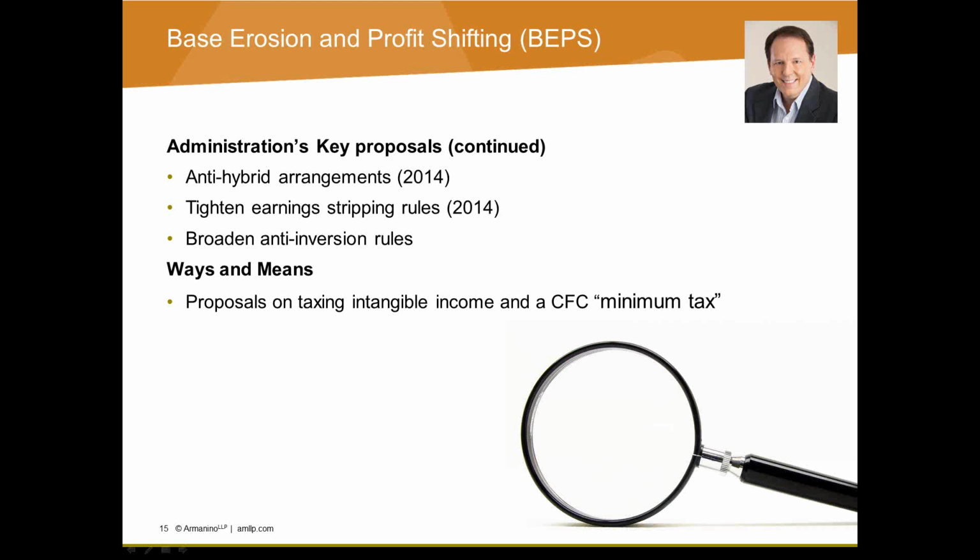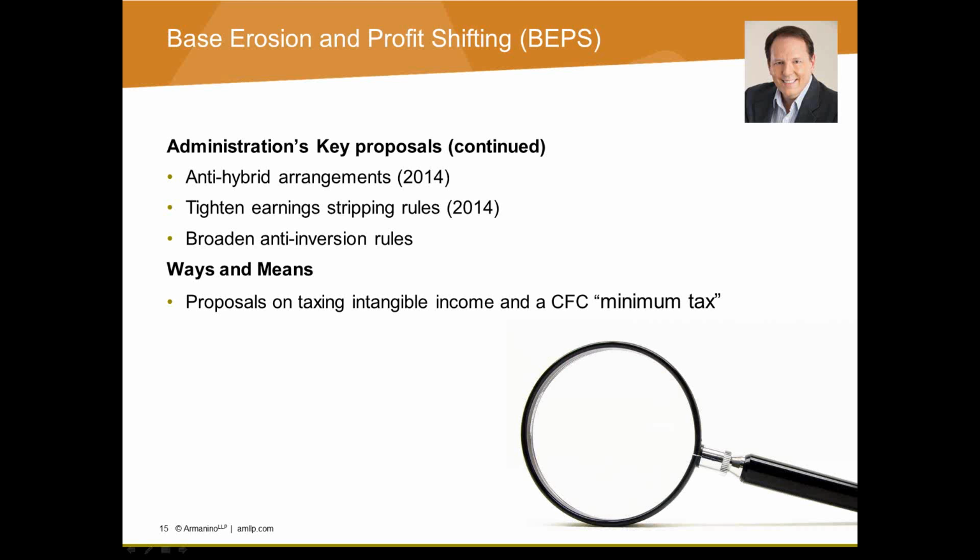But one recent proposal, which is sort of interesting, is that the Ways and Means has also floated an idea of having a CFC minimum tax. And what that would entail is that if you have a U.S. company that has a foreign subsidiary, that foreign subsidiary has to at least be subject to an effective rate of a benchmark rate.